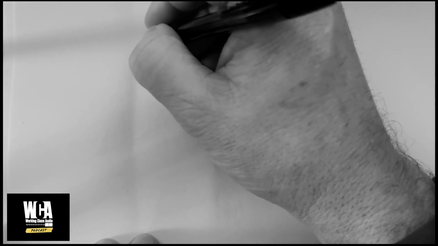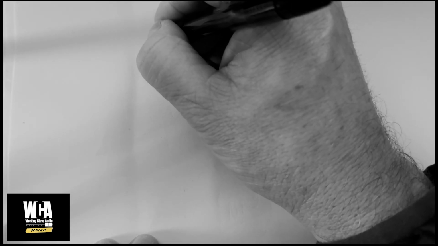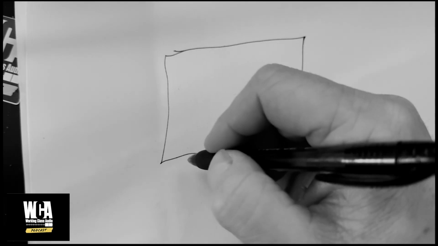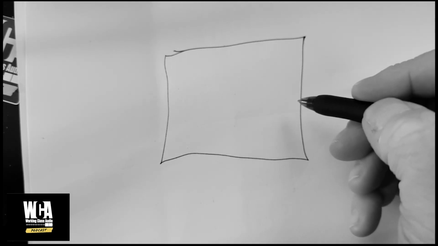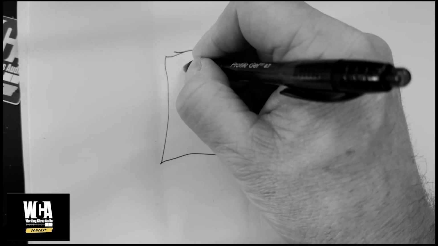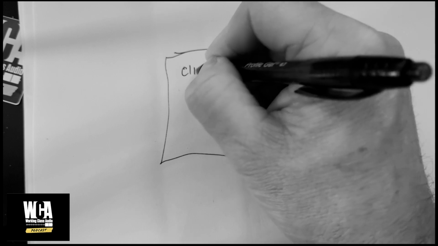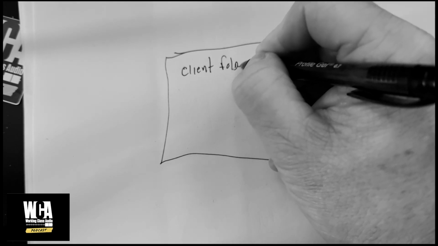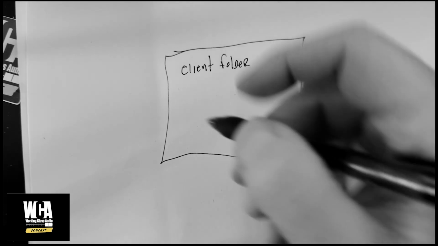And before I draw the next set of 3, I'm going to explain something. So inside, let's say we have a window here, let's say that this is a window inside the operating system of the NAS. And in there are basically a couple folders. The client folder, that's a long-term storage thing.